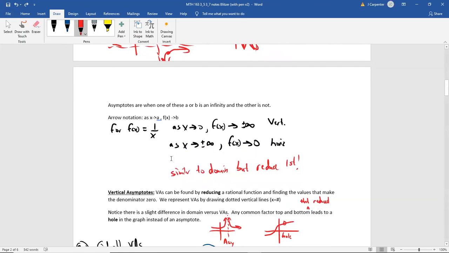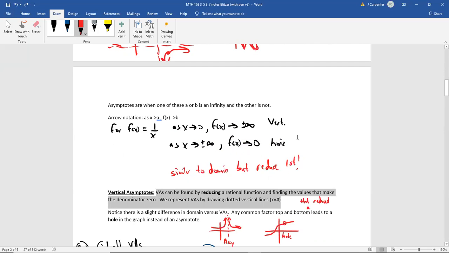All right, so actually finding the vertical asymptotes. VAs, vertical asymptotes, can be found by first reducing a rational function and finding values that make the denominator 0. We represent vertical asymptotes by drawing dotted vertical lines. And a vertical line is always of the form x equals a number.